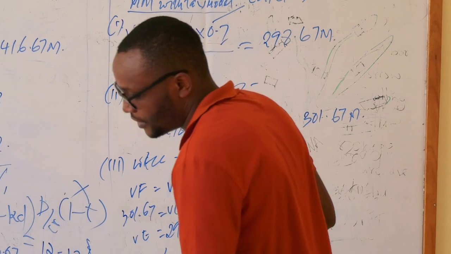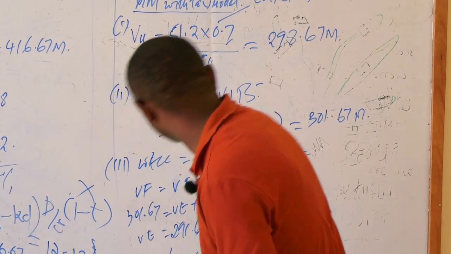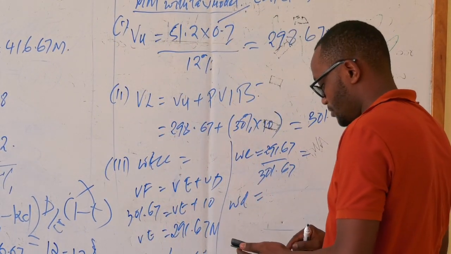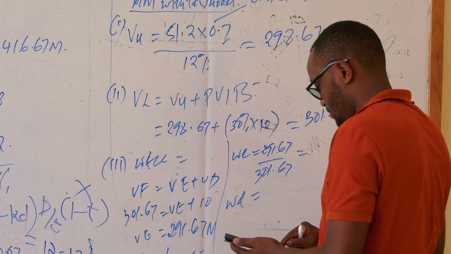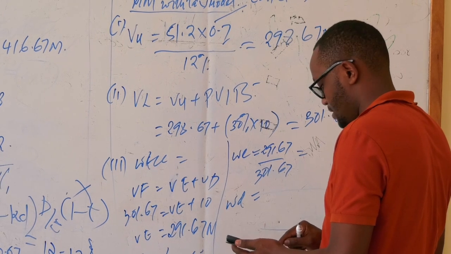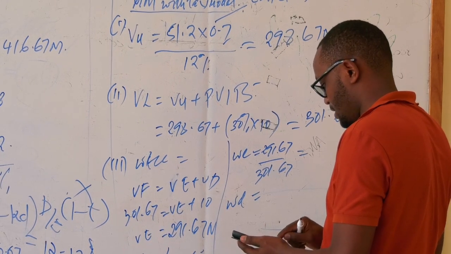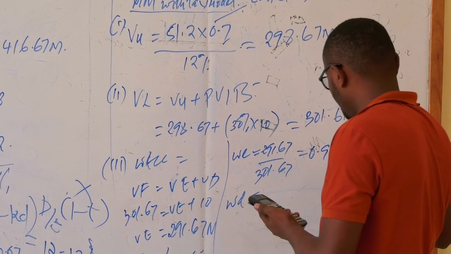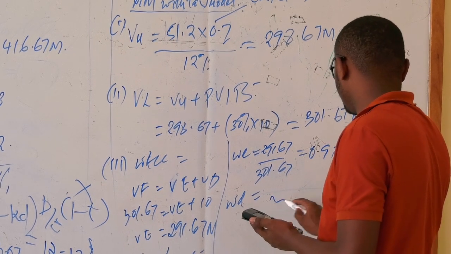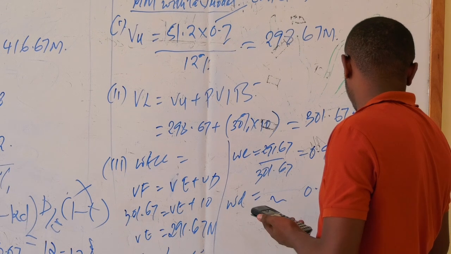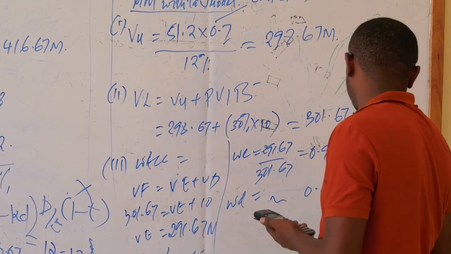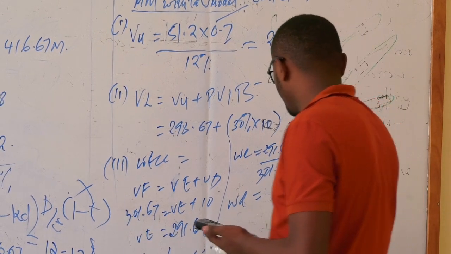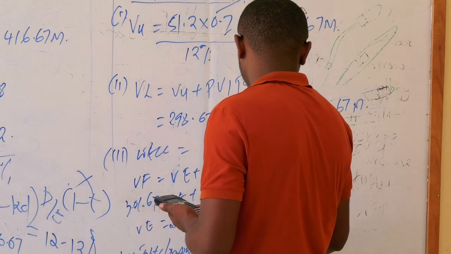The weight of debt, I've told you, you do the subtraction. So we are going to have 291.67 divided by 301.67. We're going to get 0.97. This one obviously is going to be 0.03.